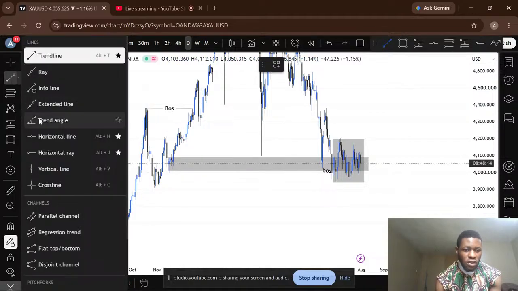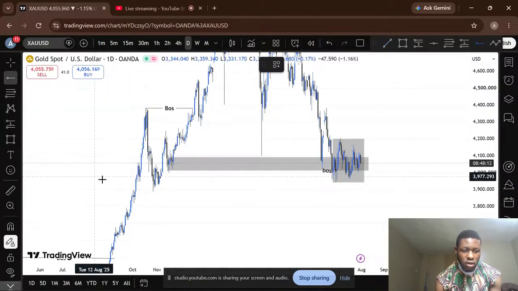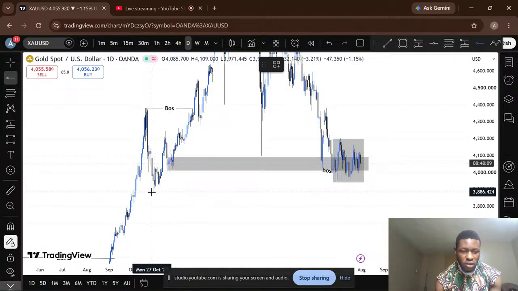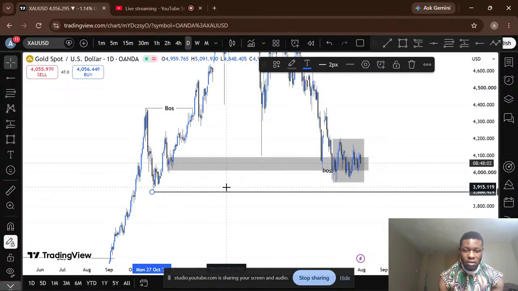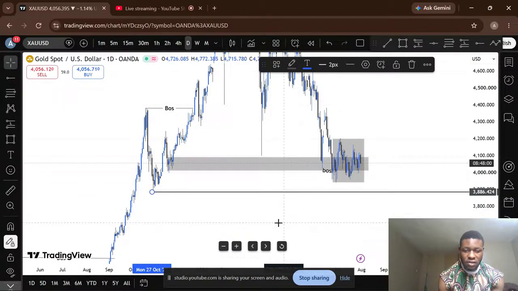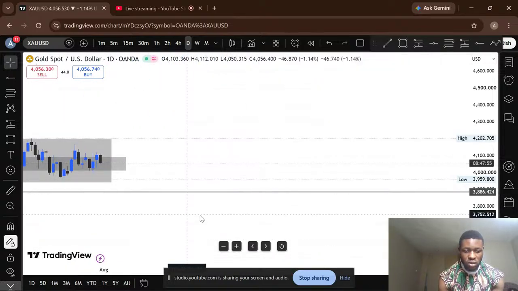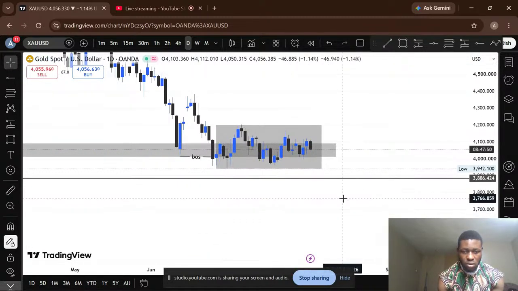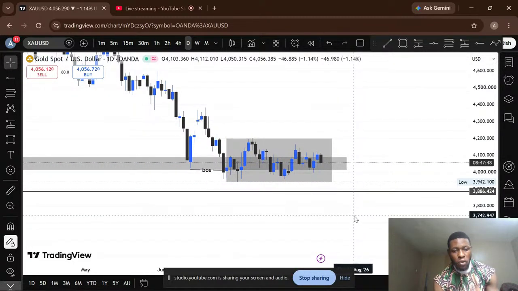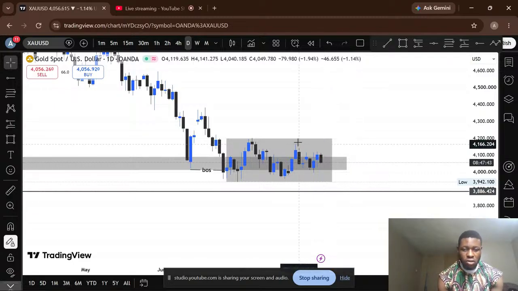So we have not gotten enough momentum to push price either low or high. That is the problem we have right now. And price is still dancing within the zone, within this demand, yes, within this support zone, because there is indecision in the market.